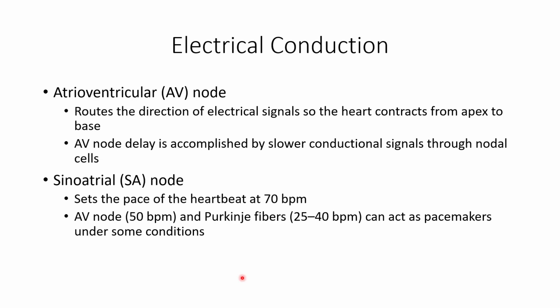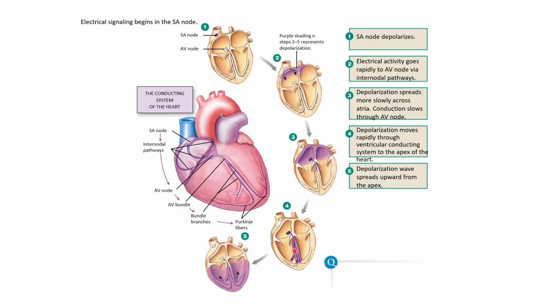So this electrical conduction, all of these nodes have their own rate at which they depolarize. The function of the atrioventricular node is that it's going to take the direction of that electrical signal that's coming from the base of the heart, and relay it down to the apex and up to the base. This is done through these internodal cells, like right here.